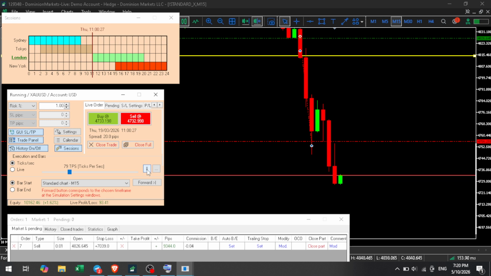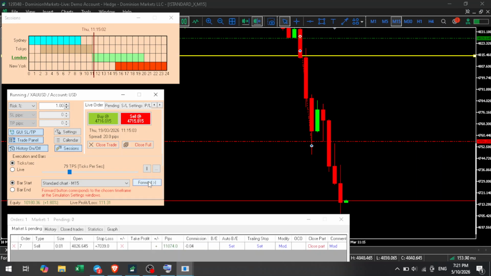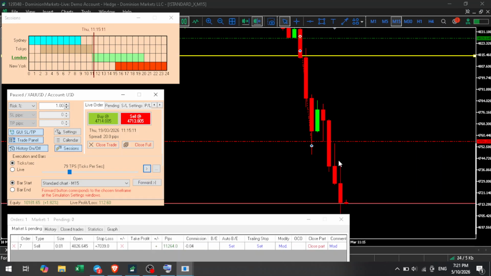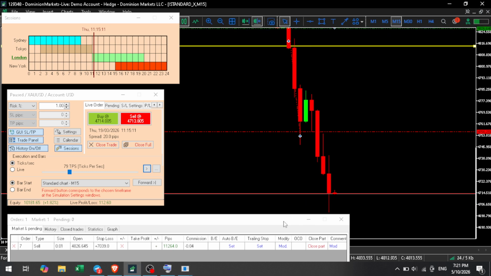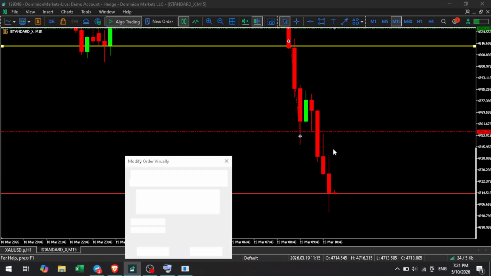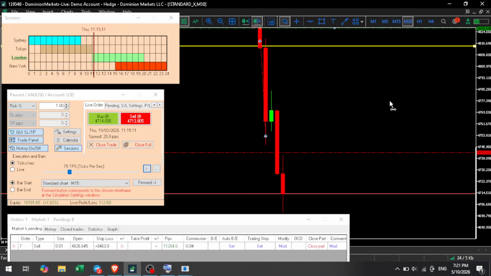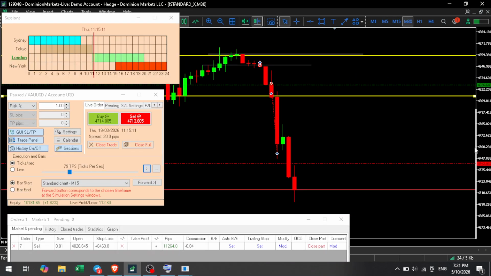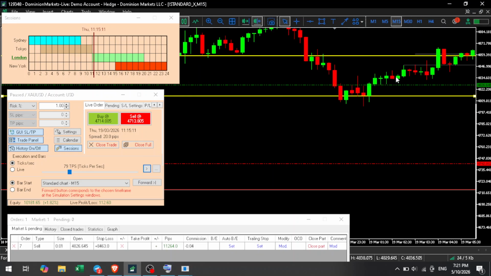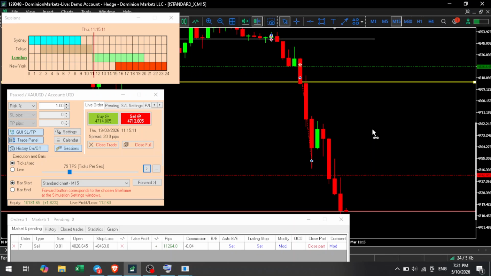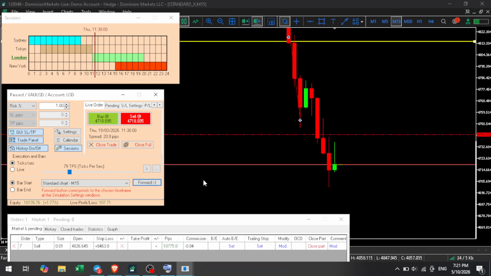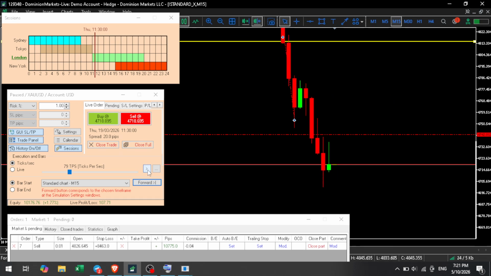Market is trending down like hell, and let's forward this again. We have a 15-minute candle close. Let's go again at this. The 30 minute is going great, strong bearish. Again we could get a sell here, but we are not interested.